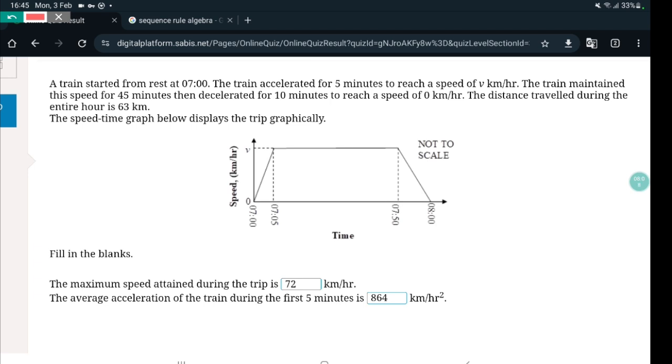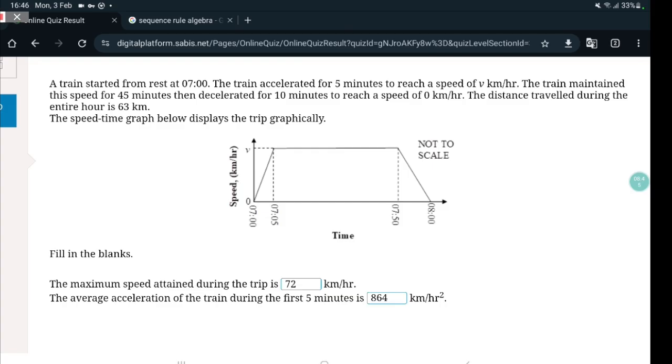So we know that 63, or maybe we don't, that's why we're watching this video. We have 63, which is the distance traveled during the entire trip. And 63, the distance, not the velocity, the distance throughout the travel, is equal to the area of the shape, which in our case is a trapezoid.